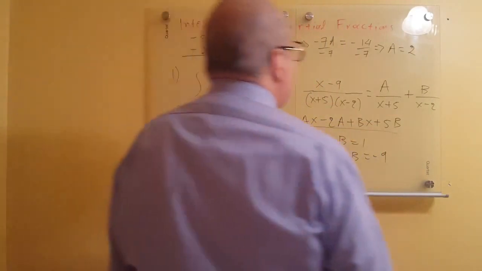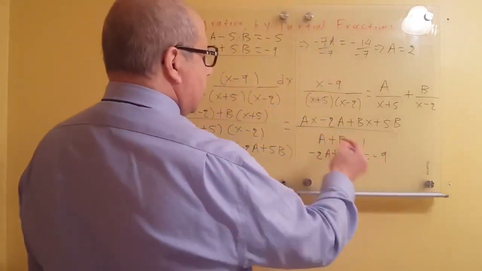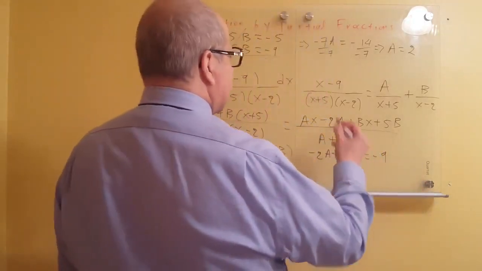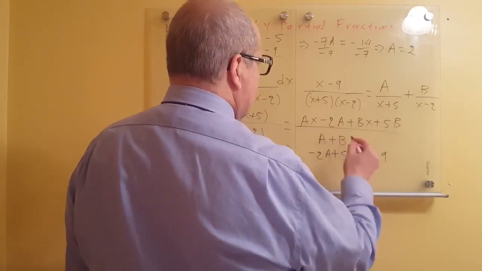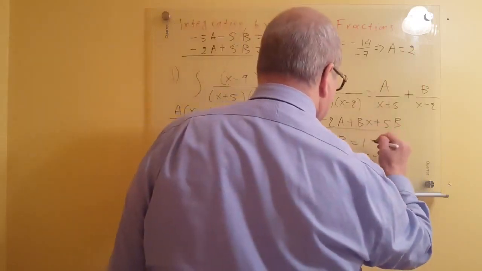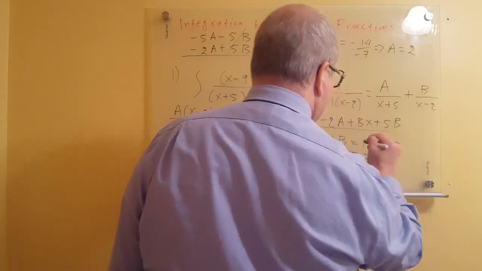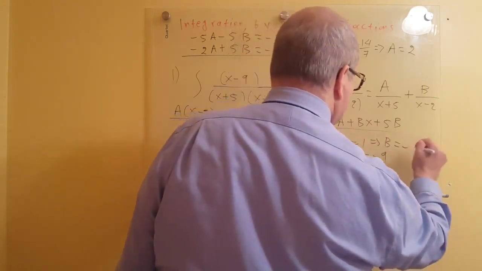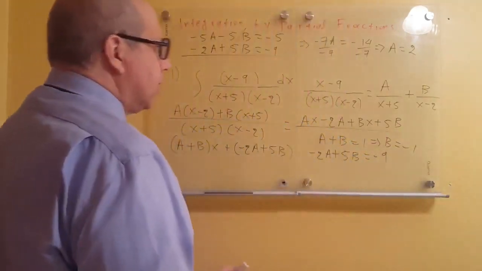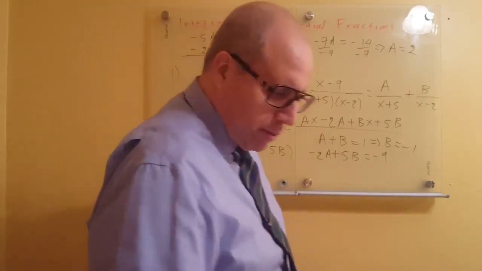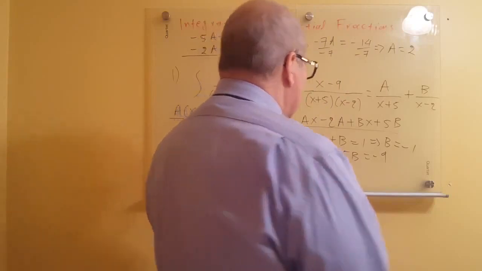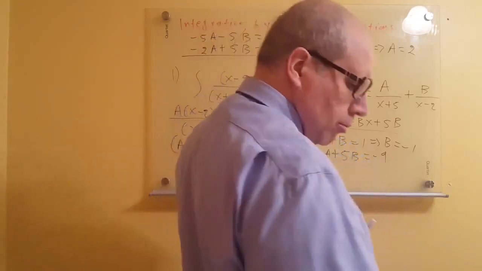And now if you go to one of these two equations of the system, let's say the first one, which is easier, you substitute a equal to 2, and you get that b should be equal to 1 minus 2, so that should be -1. So we find that a is equal to 2 and b is equal to -1.